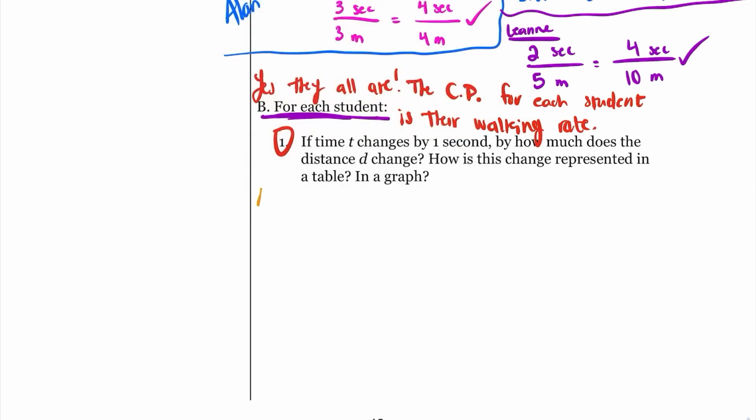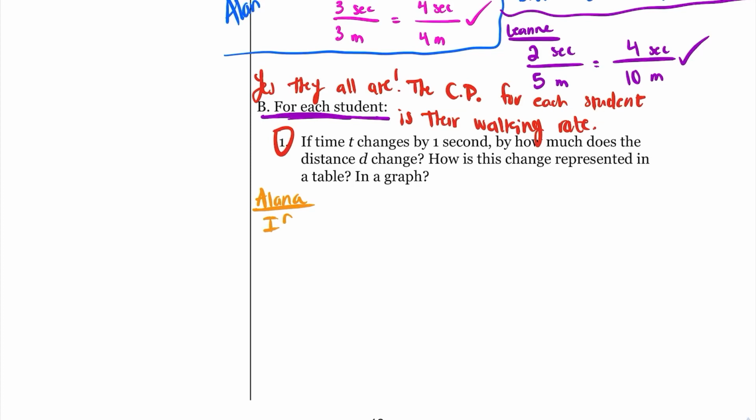All right, hopefully you paused the video and talked about this. Remember that we need to answer the question for all three students. So for Alana, if time t changes by 1 second, by how much does the distance change? You know that Alana's walking rate is 1 meter per second. So if time changes by 1 second, how much is Alana's distance going to change? Also by 1.